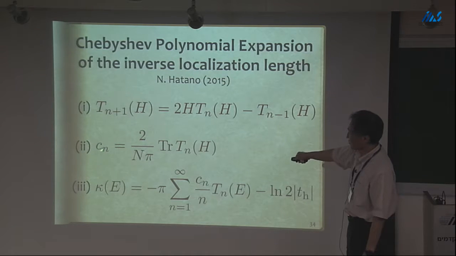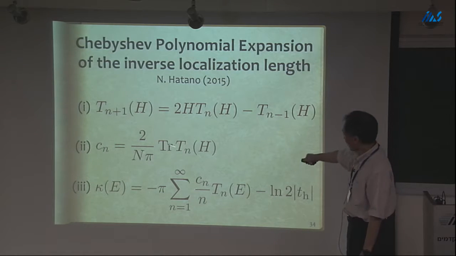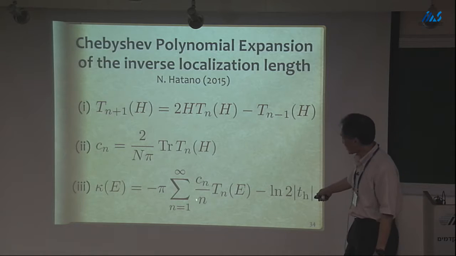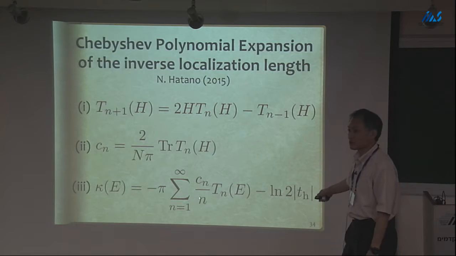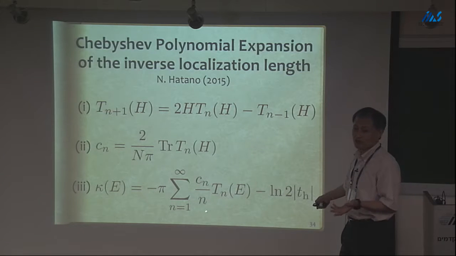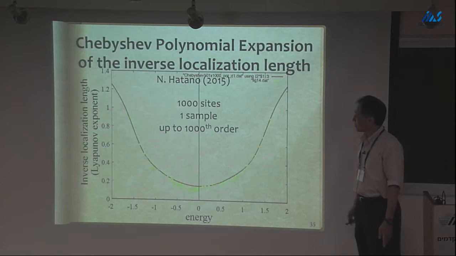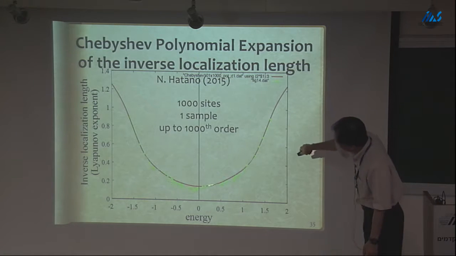The expansion coefficient is the same as before. I insert it here, and this is the inverse localization length. The only difference is I have this here, and so actually this expansion converges faster than the expansion of the density of states. So even if I introduce the cutoff, it has this smooth curve.